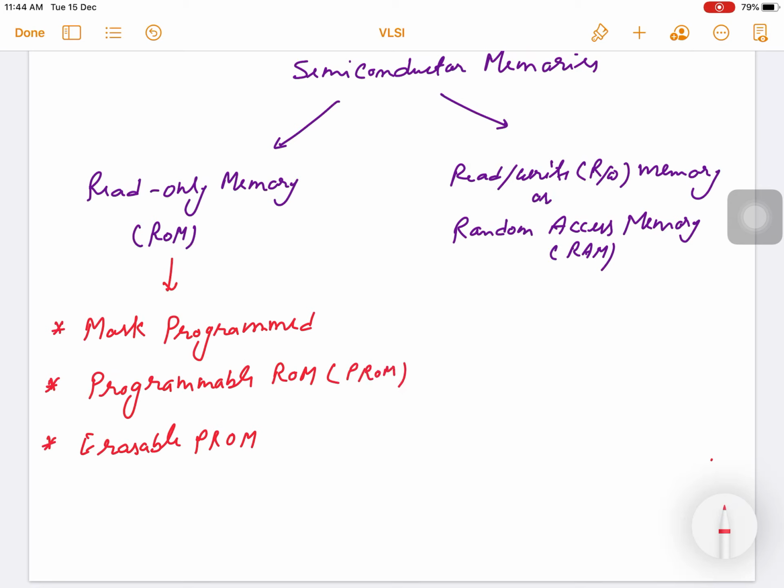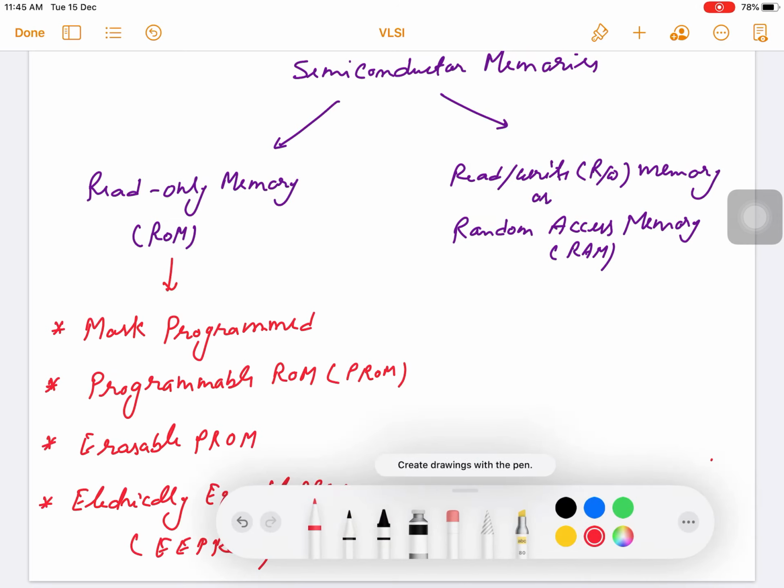Erasable PROM is also called EEPROM. So, this read only memory is further divided into these four categories.